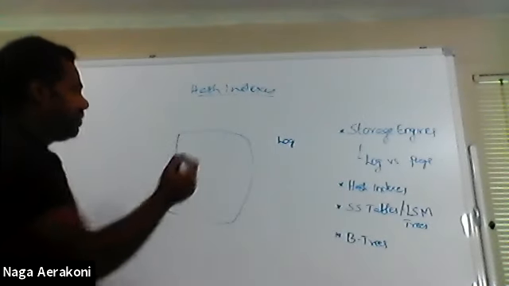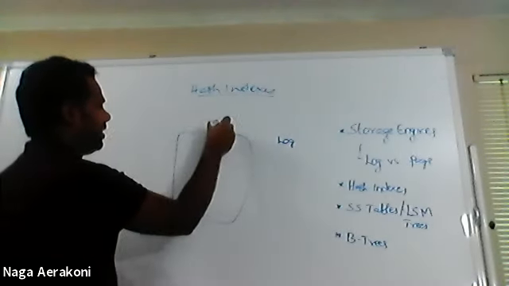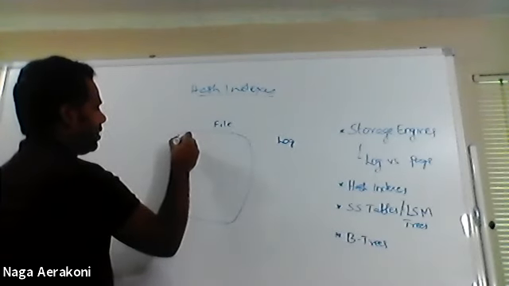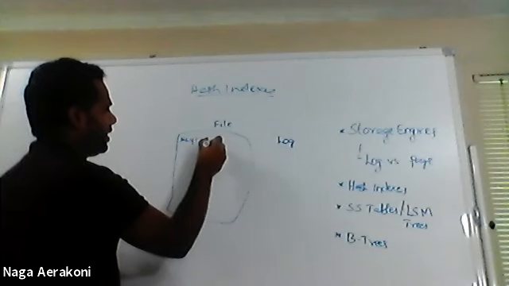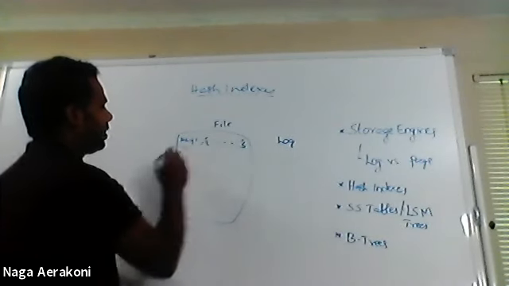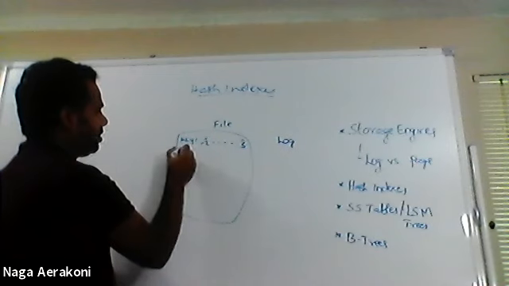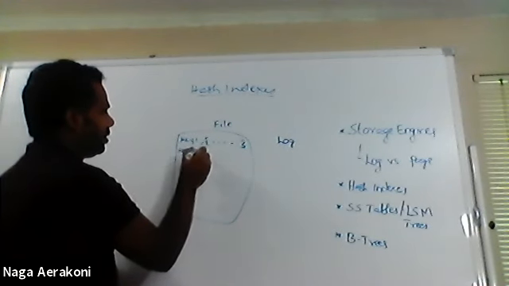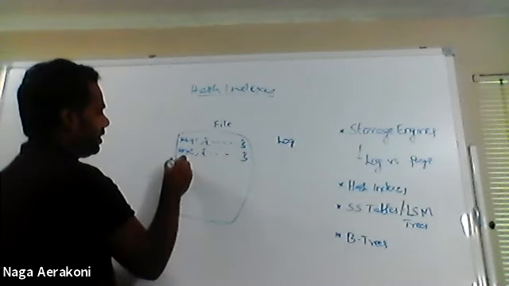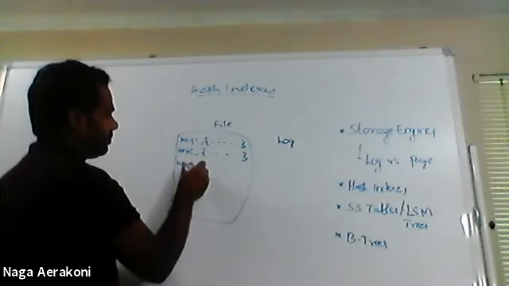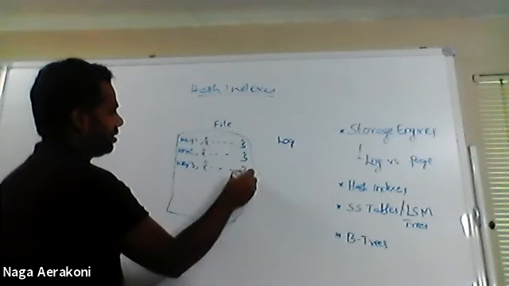You can store key1, comma, some record data, then key2 with another record, and then key3 with another record.